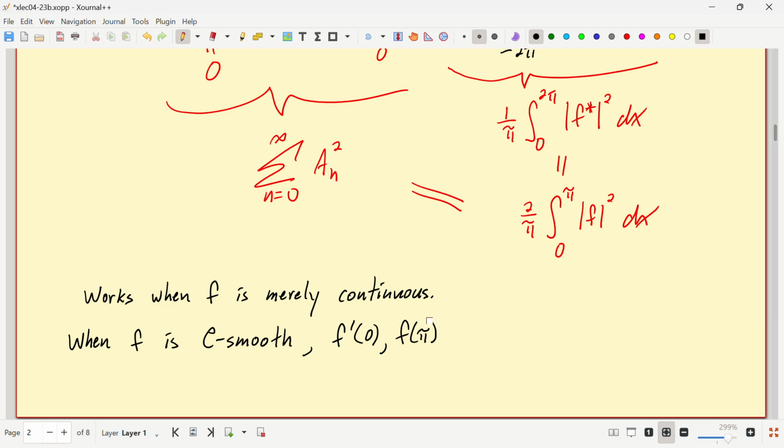Let's see, f prime of 0 is 0, and f prime of pi is equal to 0. When f is C1 smooth, f star is C1 smooth on all of the real line.